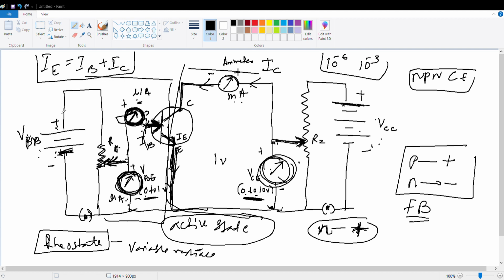Okay. Write down the definition. This is an electronic device that increases the amplitude of voltage, current, or power.